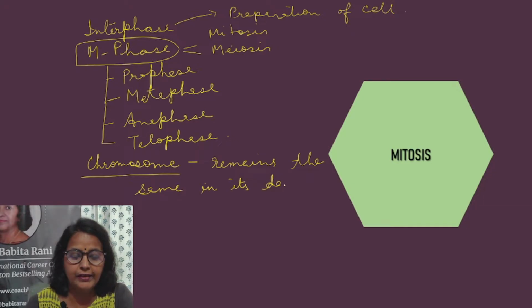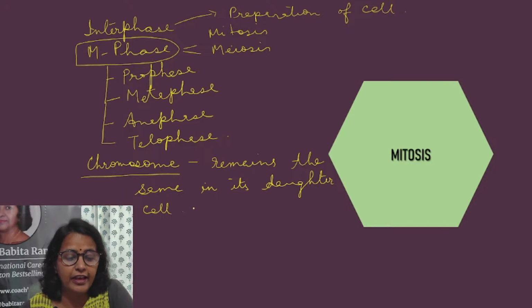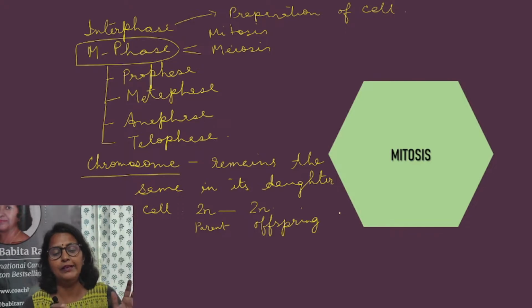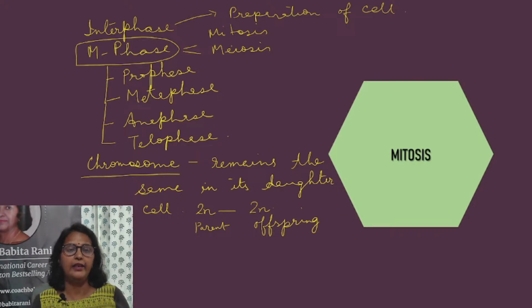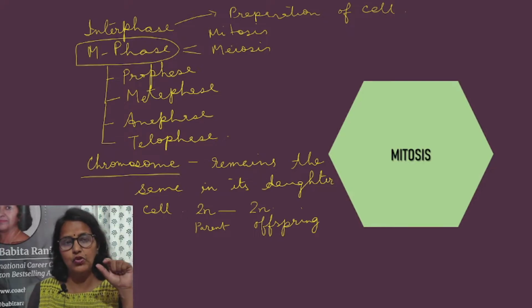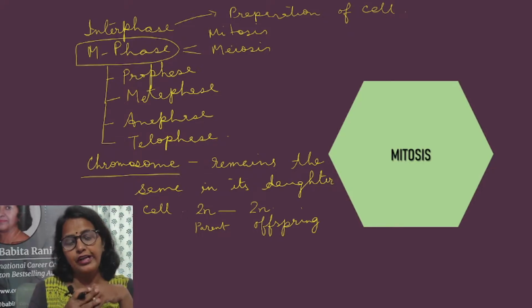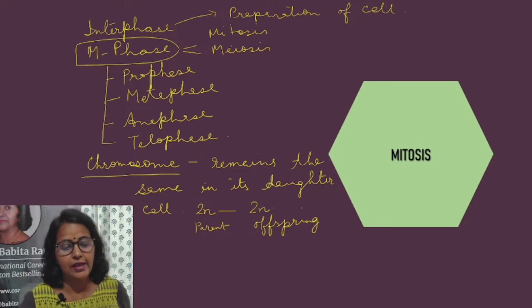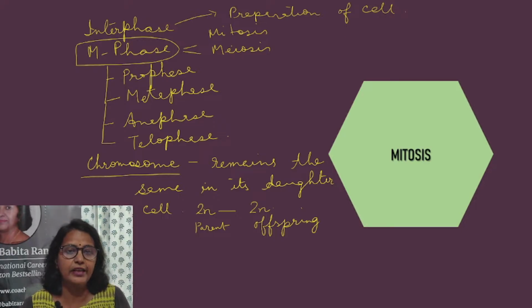What do I mean by this? If the parent is 2n number of chromosomes, the offspring will also have 2n number of chromosomes. If 46 chromosomes are present in human beings, the same 46 chromosomes will be there in the cells formed after mitosis.